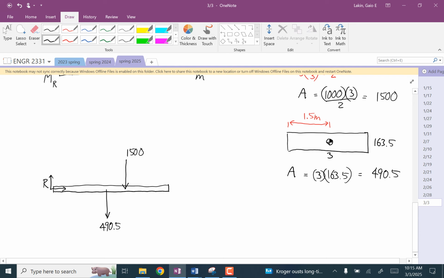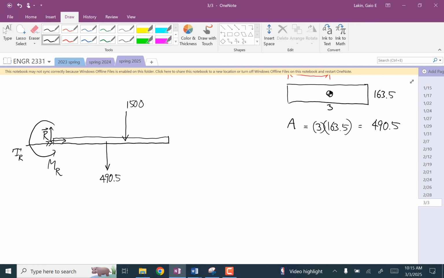So that's R, MR, and fancy TR. So now we have the torque at the end of 80.